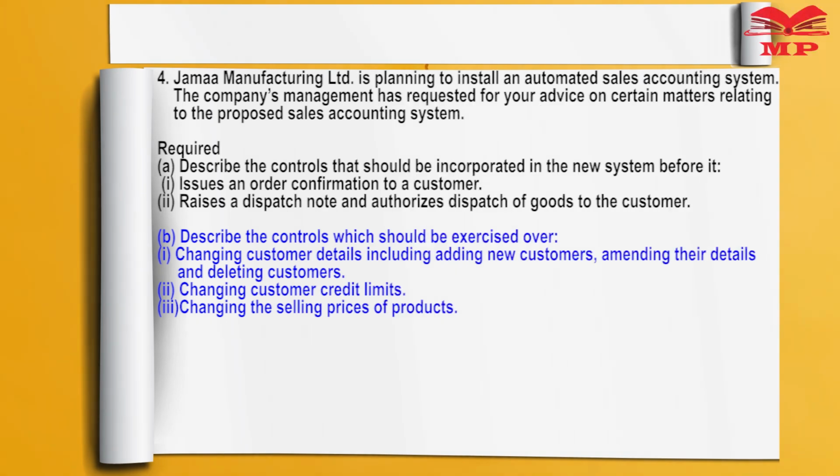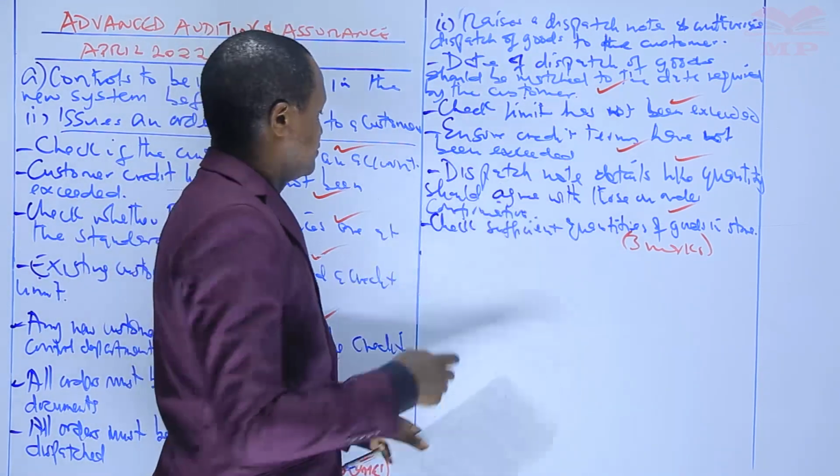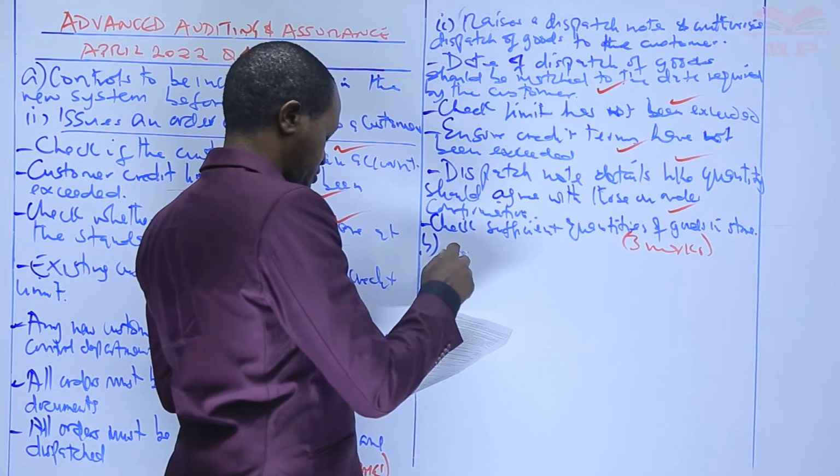Part B of the question reads, describe the controls which should be exercised over changing customer details, including adding new customers, amending their details, and deleting customers. Controls B1.